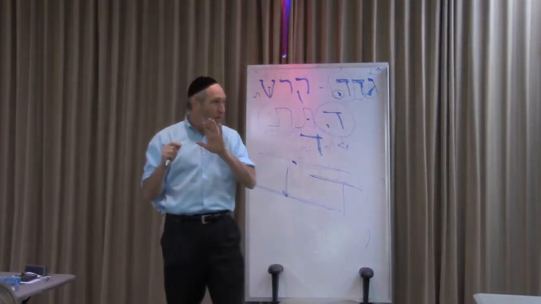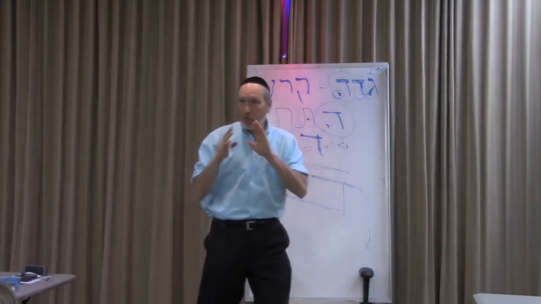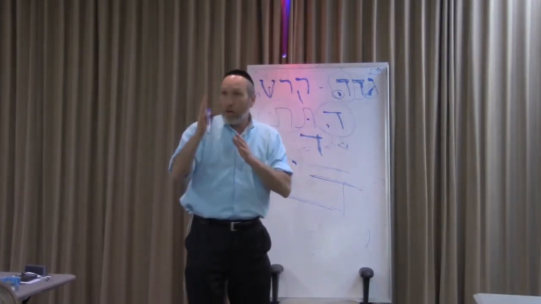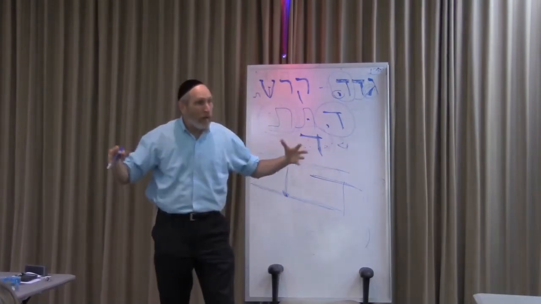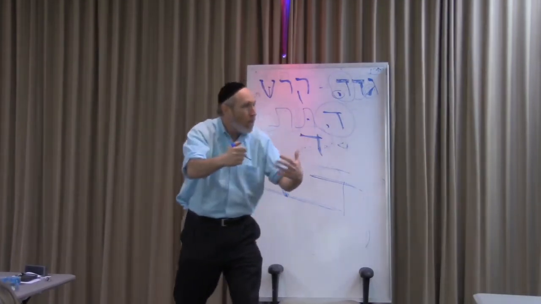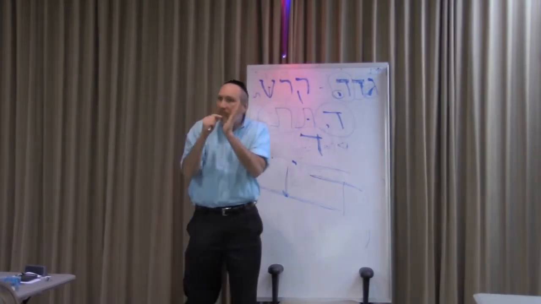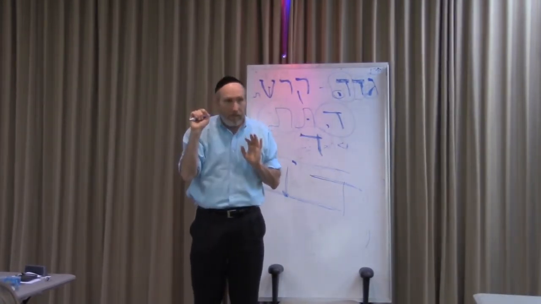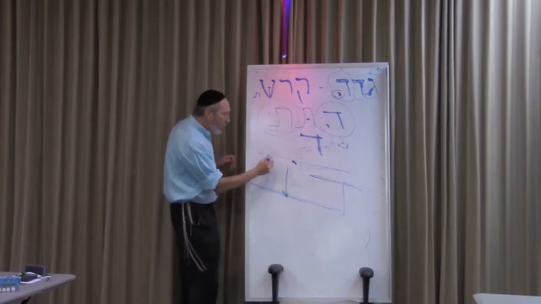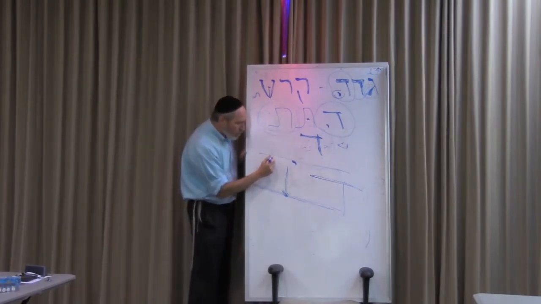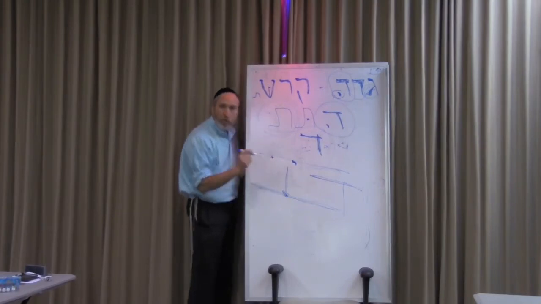That's dimension. If you shoot out horizontal, up, down, sideways, you're spreading out, you're making an idea. But the Yud is a dot. It's the starting point. It's the beginning of everything. So this letter represents spirituality in the world, the Yud.